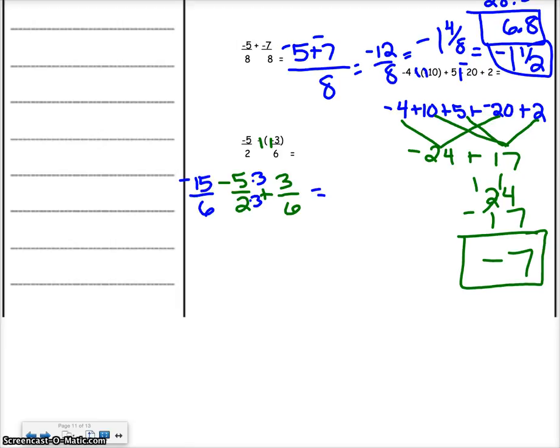My final answer should be negative 15 plus 3 all over 6. Figure out my top. They're different, so I subtract. 15 minus 3 is 12. And I have more negatives over 6, which is negative 2. And we are done subtracting integers.